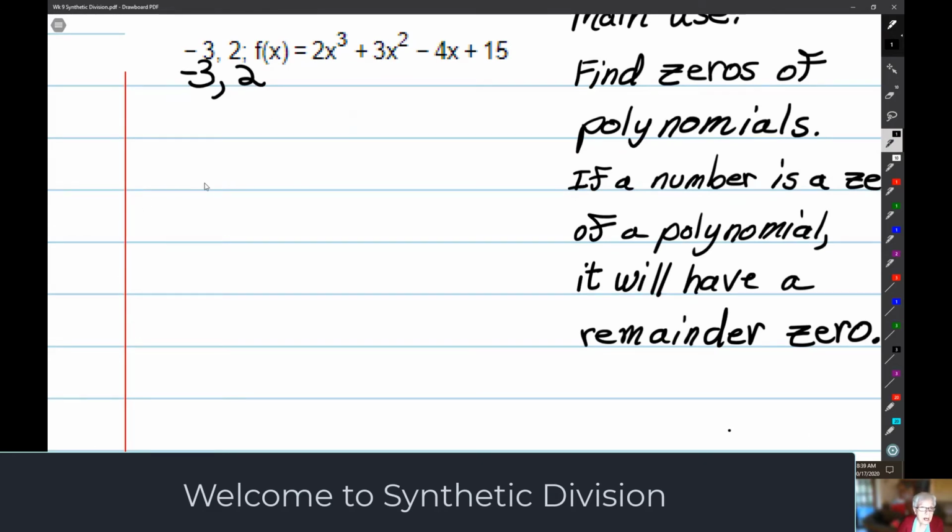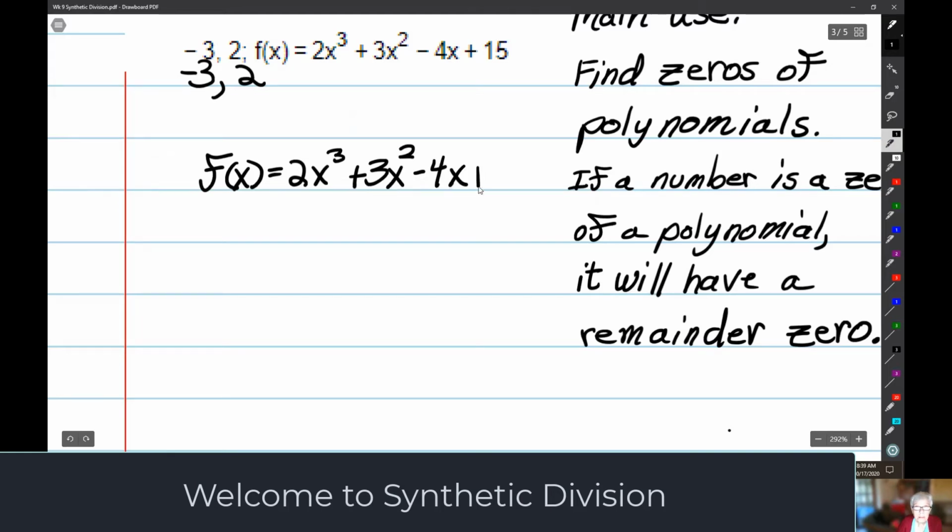Okay, so I've got f of x equals 2x to the third plus 3x squared minus 4x plus 15, and that x without a power does have a power, it's 1.